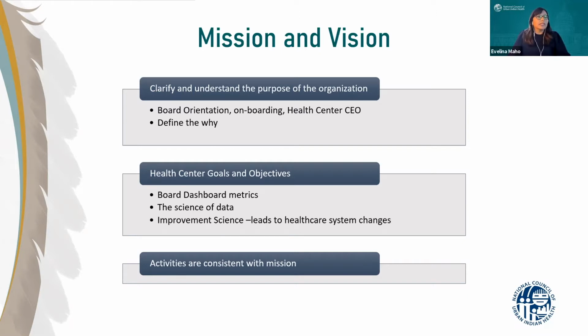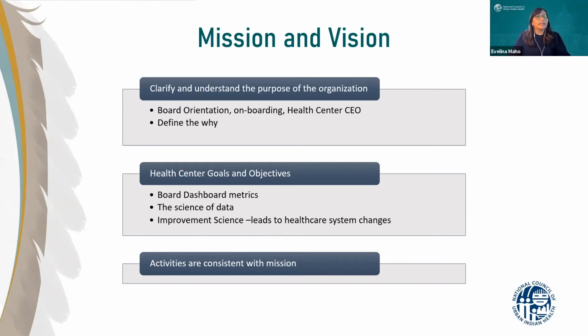Orientation is critical and a key to a successful organization. So in a perfect world, the mission and the vision should guide the oversight process, like the metrics. Does the data that your board reviews seem to be aligned with our mission statement? Are you looking at the right things?